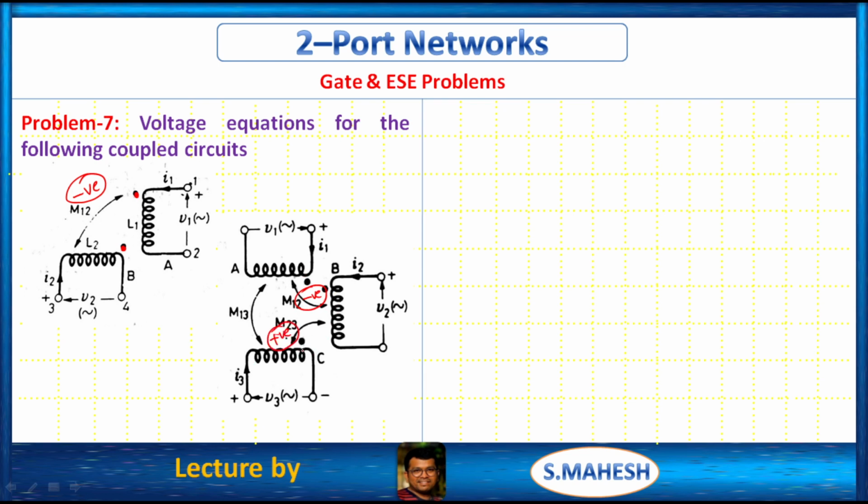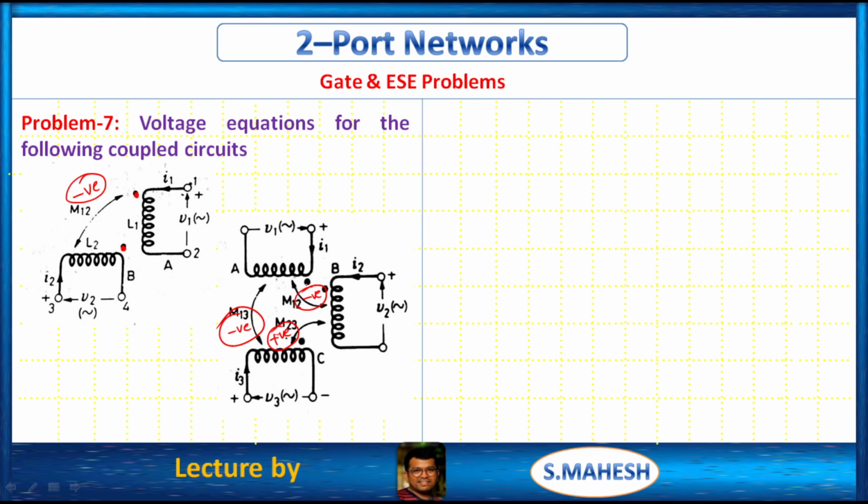Clear? Here entering, here it is leaving, this is negative. Clear? Only M23 is positive, right? Only M12 is what? M12 is positive or negative?